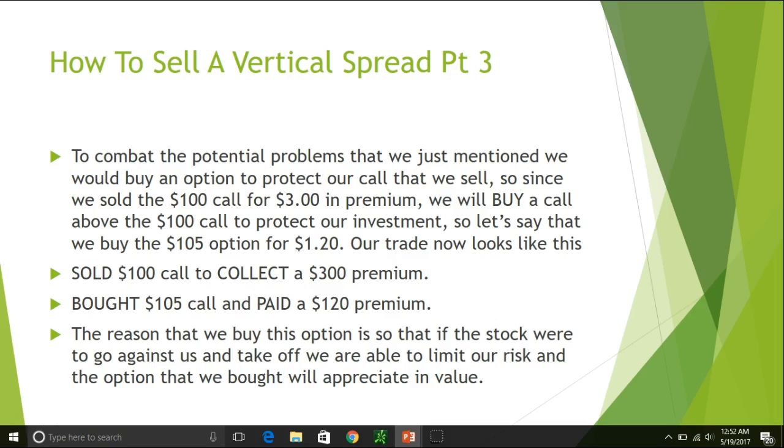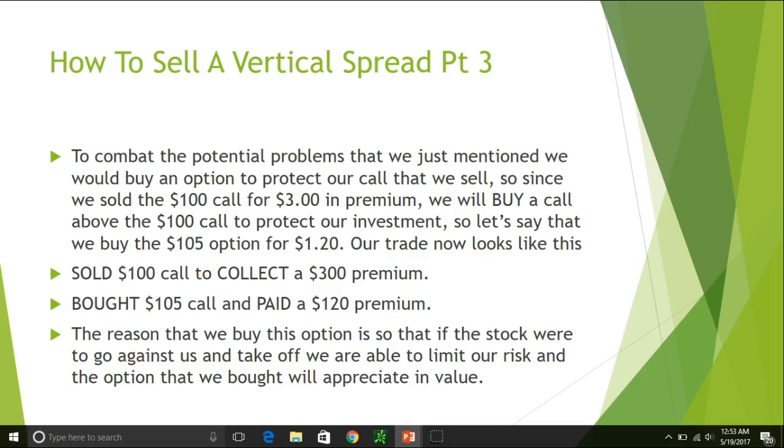And it's trading at $1.20. That means that we're going to pay $1.20 for this, which means that we are buying a call option to hedge the sell that we had just done.